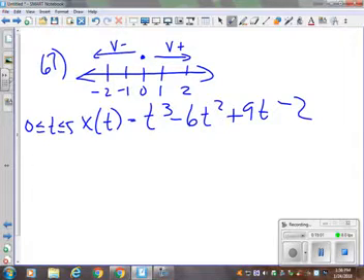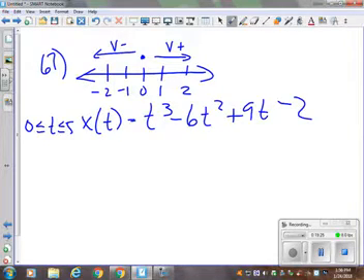If it goes outside of that domain, this formula will not work. So that limits us already to a certain length of time that it's moving. This is time. The numbers on the number line represent how far you've gone. But this is time.